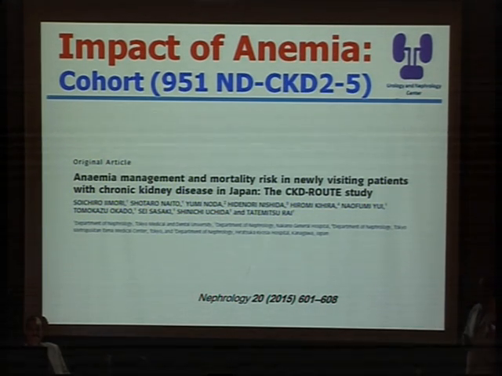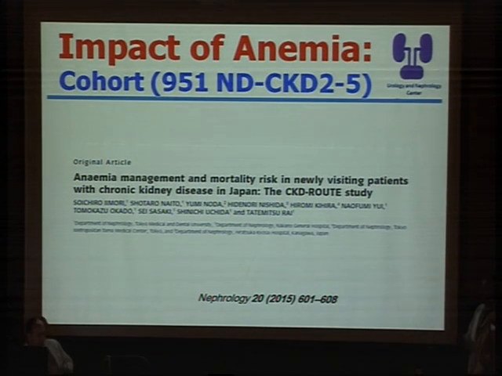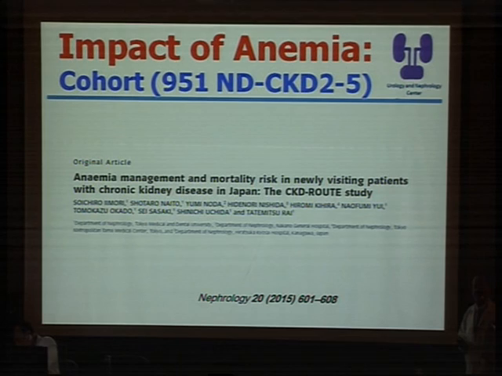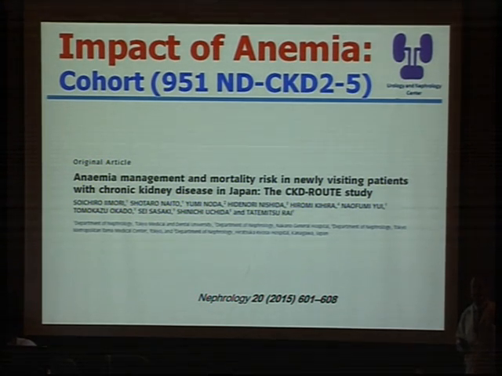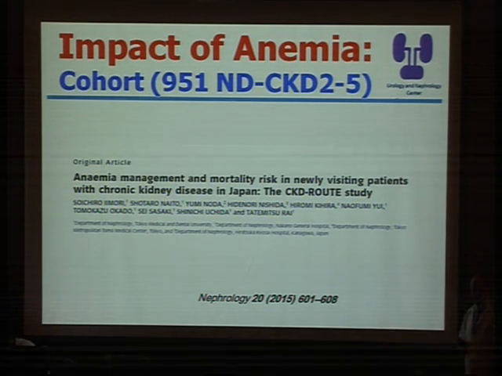From the lessons from this study, it shows that doctors are aware of anemia and they are eager to use ESA therapy to treat chronic kidney disease associated anemia, and they usually neglect iron.